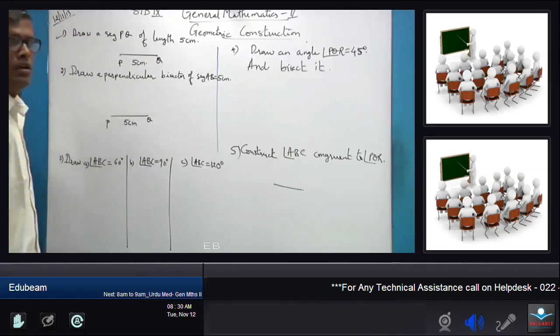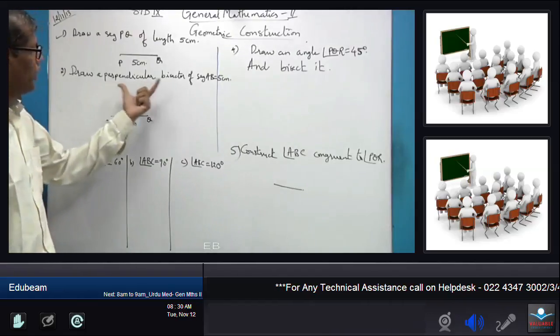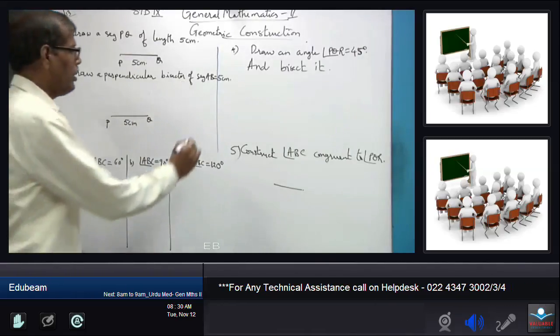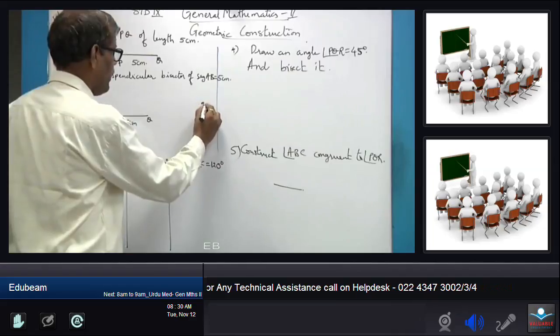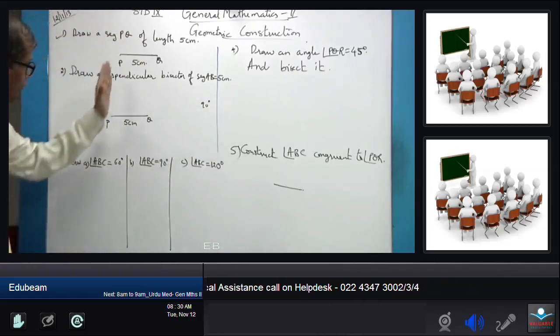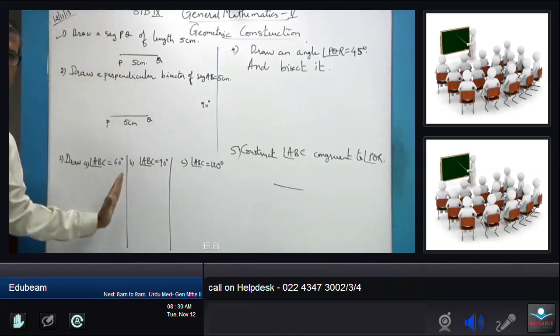So these two parts will be equal. If you take this as 5, this will naturally be 2.5 and 2.5.